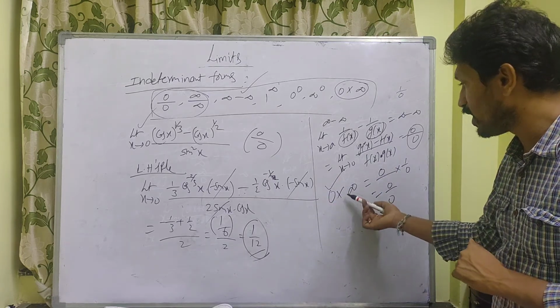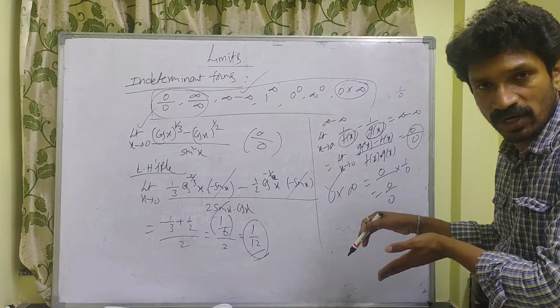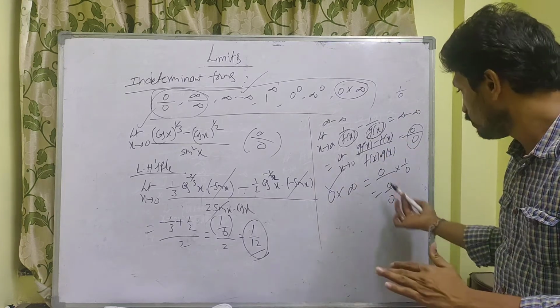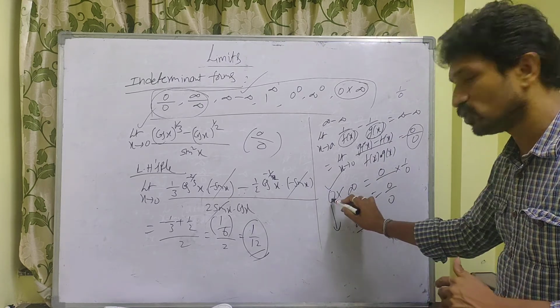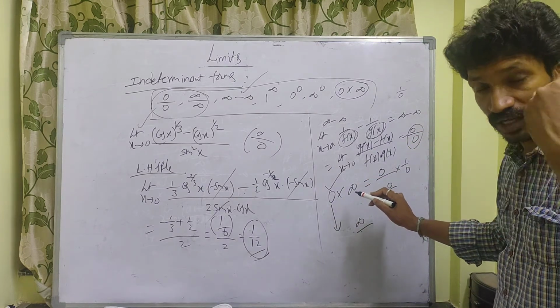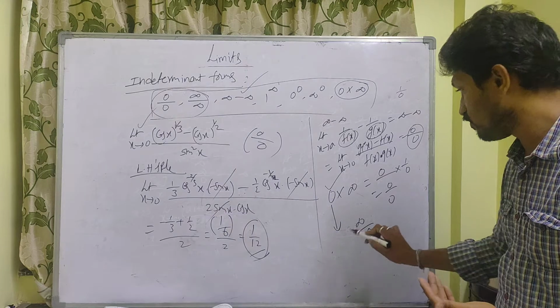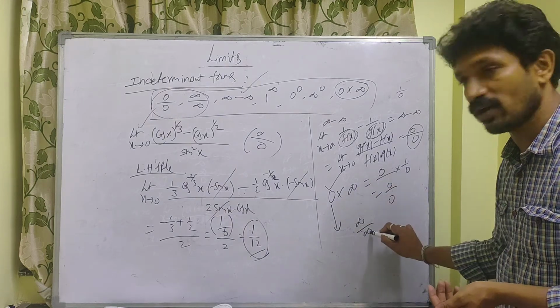Whenever 0 into infinite, where you are getting infinite, you transpose that into the denominator. 1 by something you write, then it becomes 0 by 0. Or in other words, you can write the 0 as 1 by infinite, so it becomes infinite by infinite form. This 0 into infinite you can write as 0 by 0 form or infinite by infinite.